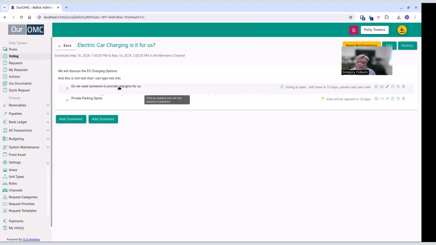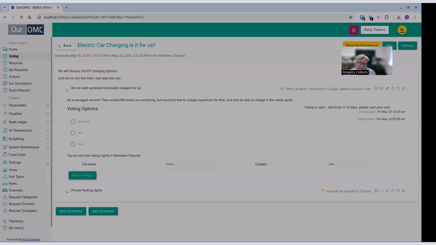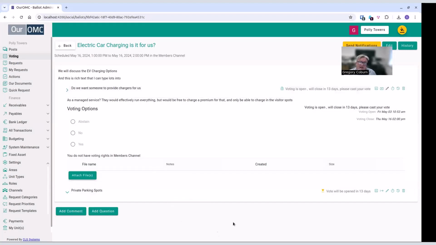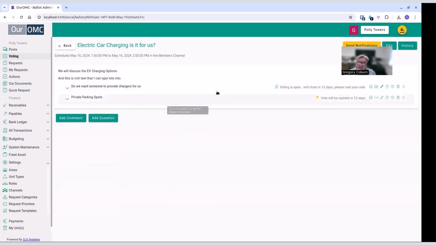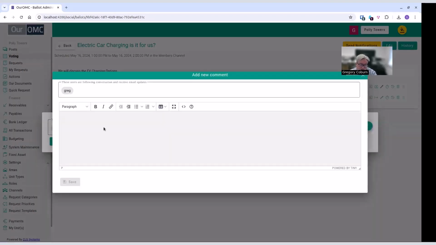And then as people vote, I'm going to see the vote results come through here. And I forgot to mention, when they're voting on that, maybe I want to give them an option to attach a file to give us some more details about that option. And again, if we allow comments, members can add comments.